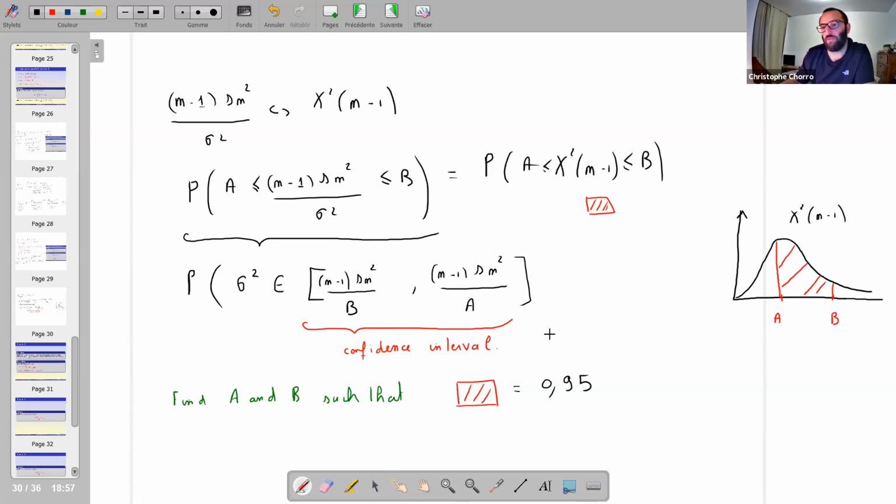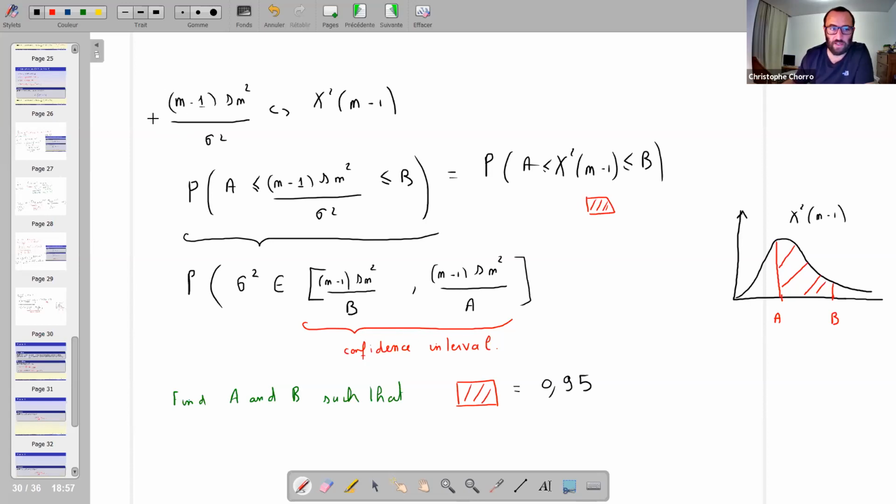But in fact, we can obtain it because we have tables for the distribution function of the chi-square random variable. But here it's slightly different than what you obtain for the Gaussian, because I repeat, for the Gaussian we have things that are centered around 0, so I have symmetric intervals.